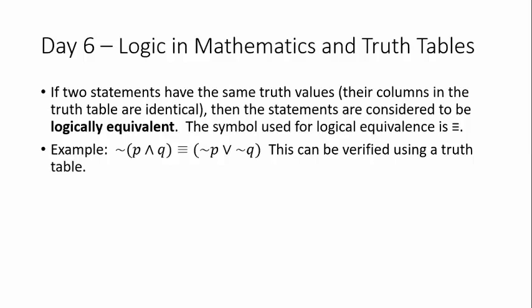We've got the negation of P and Q is logically equivalent to the negation of P or the negation of Q. You can verify this using a truth table. I would encourage you to do that. Make sure that you memorize the truth values for the AND statement, the OR statement, and the implication.